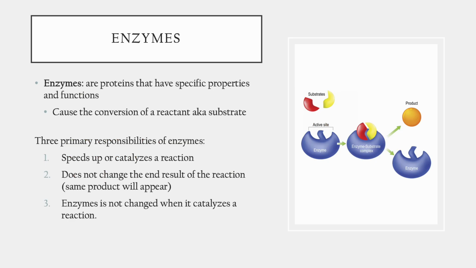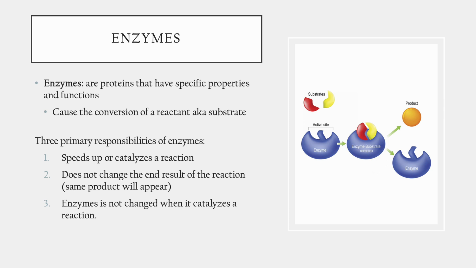Okay, so let's take a break from energy systems for a minute. Let's talk about enzymes. We've been saying that we eat this raw material, carbs, fats, proteins, and then it gets broken down. But how are we really getting this food to get broken down? Through enzymes. Enzymes are proteins that have very specific properties and functions.